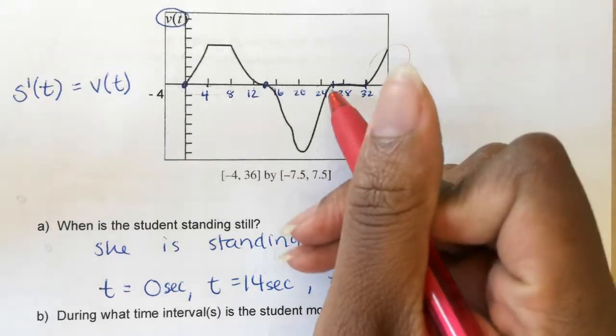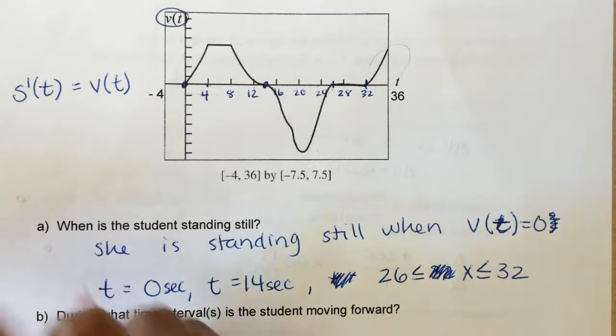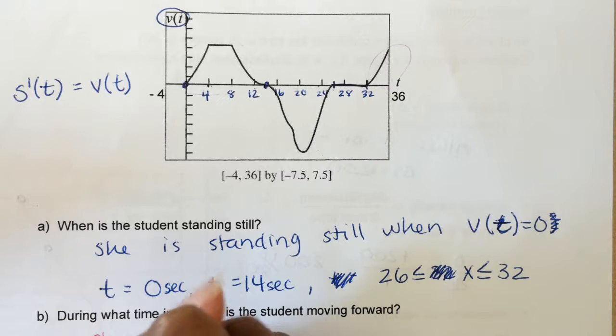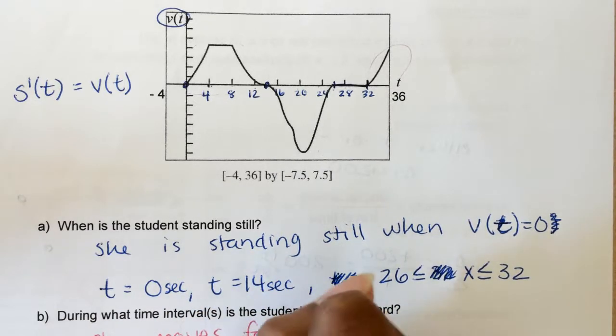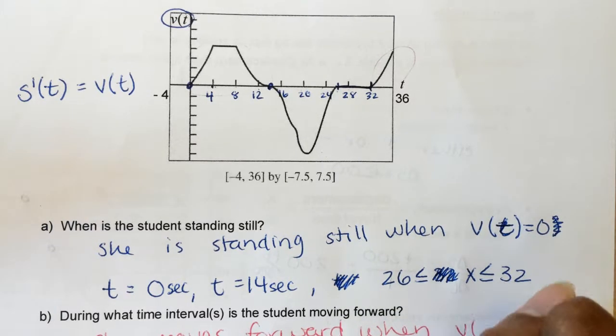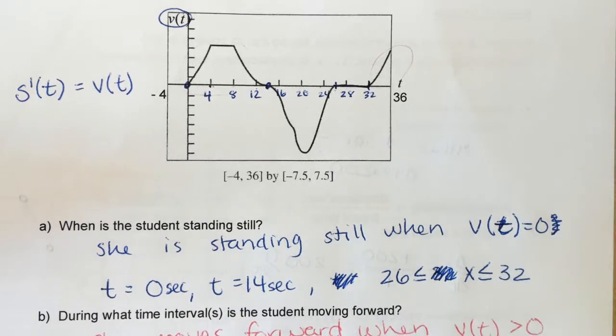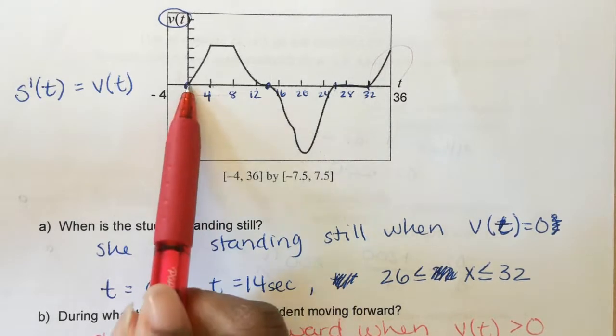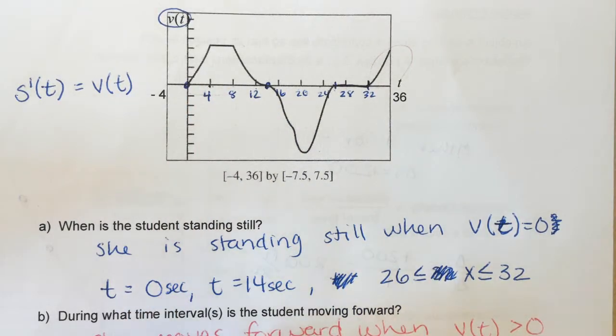When she was moving backwards, our velocity was negative. So in this case, she moves forward when v of t is greater than 0. And those moments are from 0 to 14, and from 32 to 36.